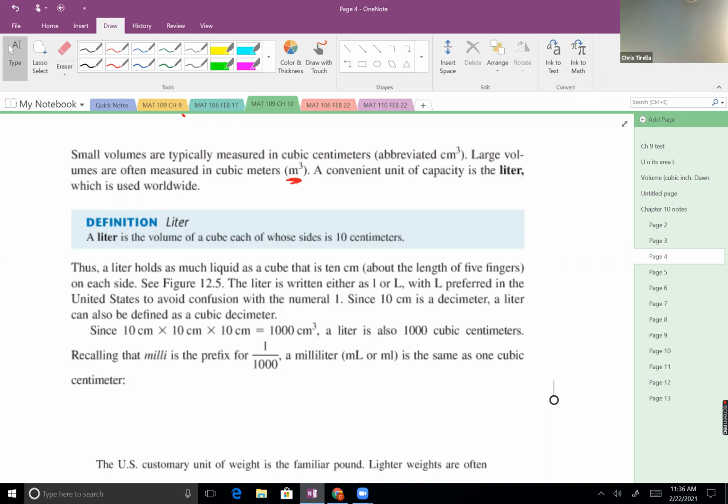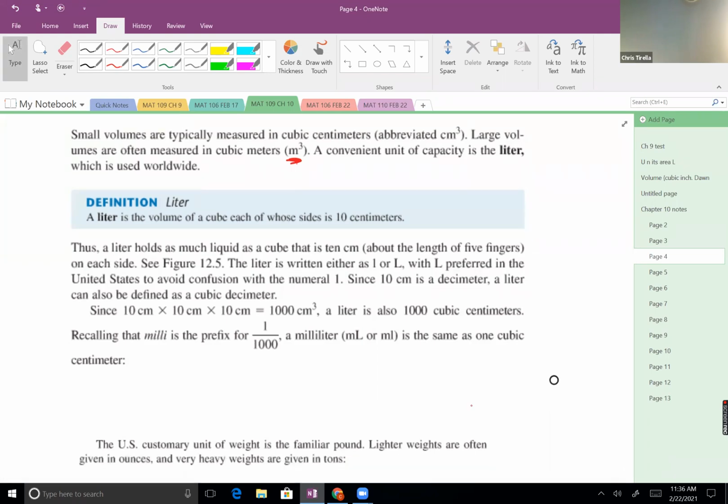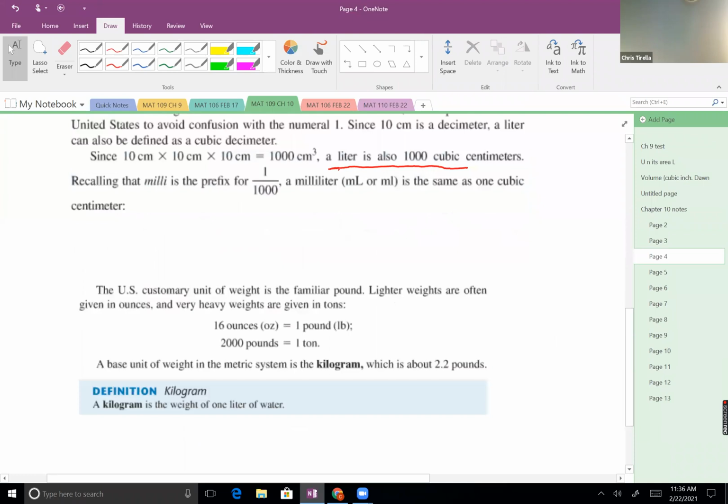Within the metric system, they do compare. So that if I look at a liter, it is the volume of 1,000 cubic centimeters. And here's those weight ones. A kilogram is defined as the weight of 1 liter of water. And so within those metric systems, all of those units are based on those powers of 10, and there's a logical way of comparing them.